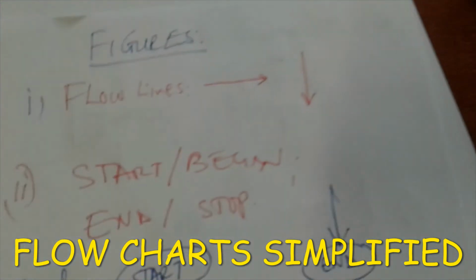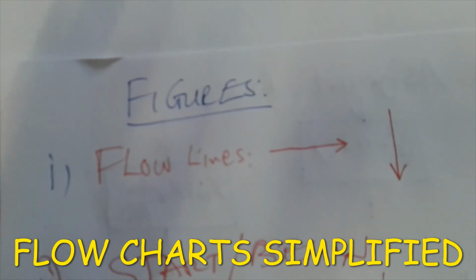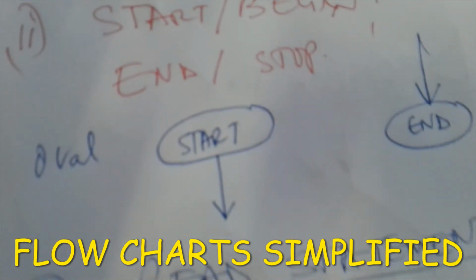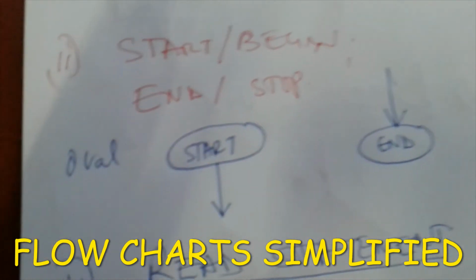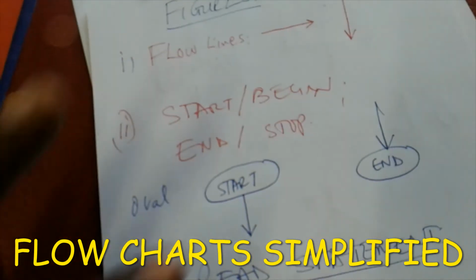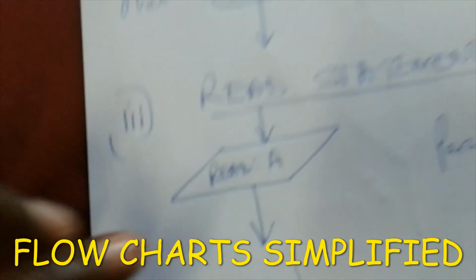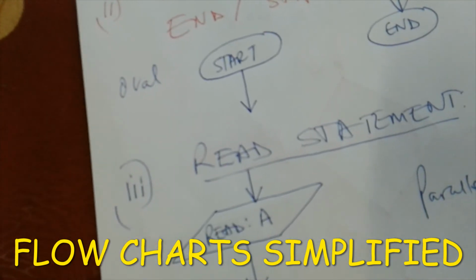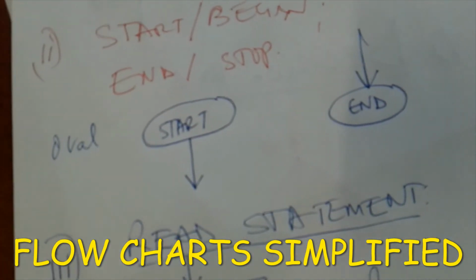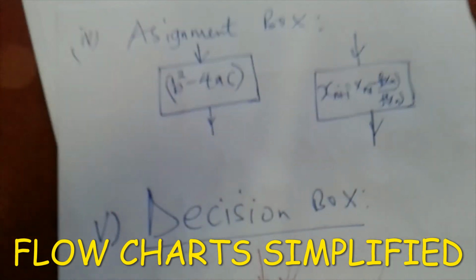Therefore, to make a recap, we said we have flow lines which join symbols from one to another. If we want to start the program, it must have a starting and an end point, that is the oval shape. We must take the reading, we have to read values, say read A, or we have to print, because we must have the set of solutions from the flowchart or from the program that we have.